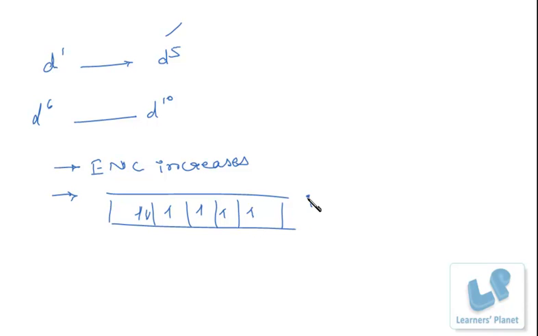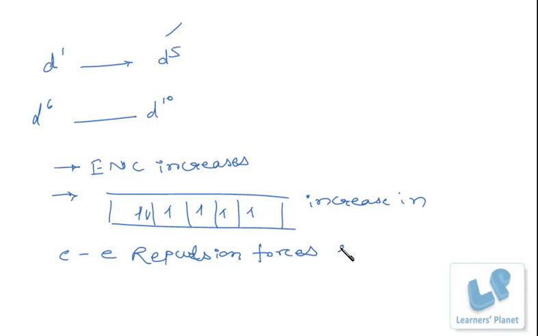Due to the increase in electron-electron repulsion forces, the screening effect increases. Now both of these are opposite forces. If the screening effect is increasing, the effective nuclear charge will be decreasing.